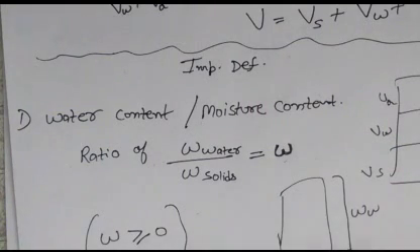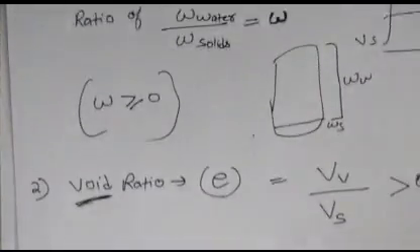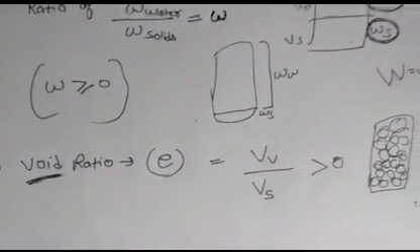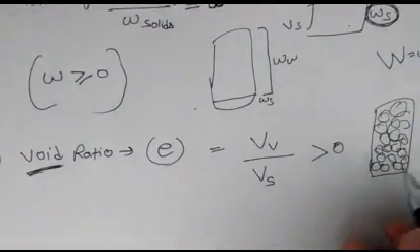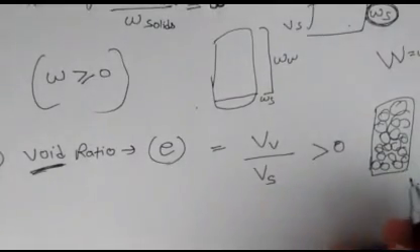This will always be greater than 0, because it is not possible to reduce volume of voids to 0. In no case can we reduce volume of voids to 0. Volume of voids will be there. We can reduce the number, but we can't reduce it to 0.